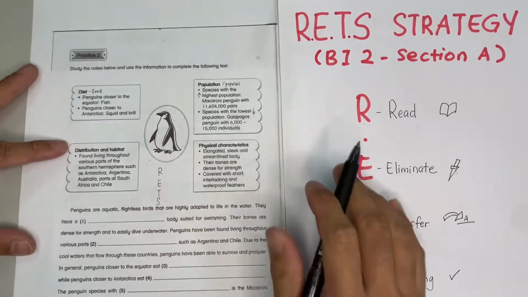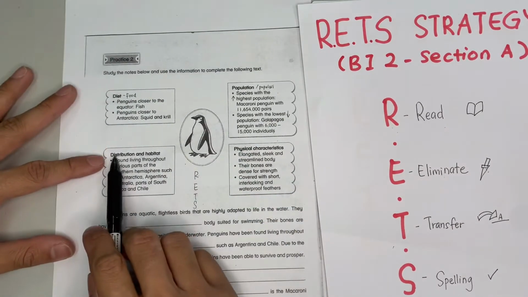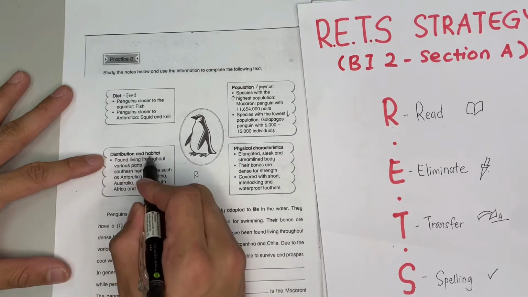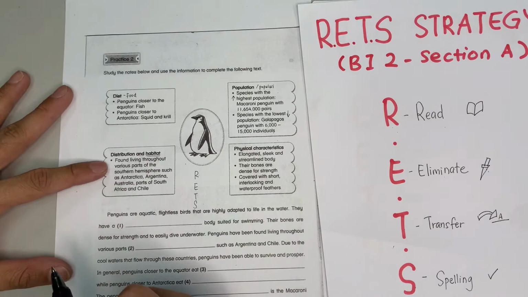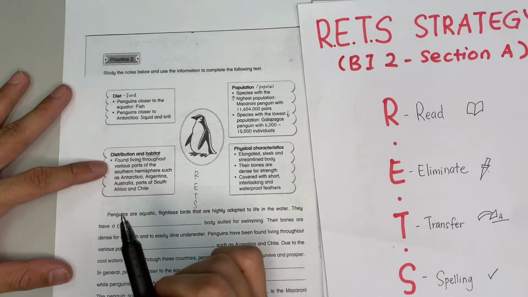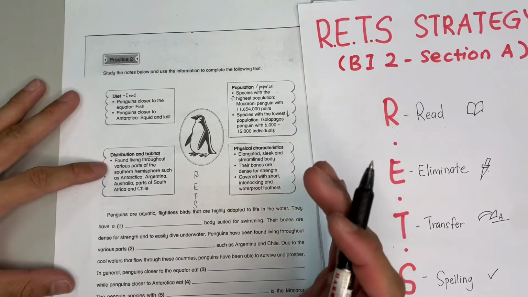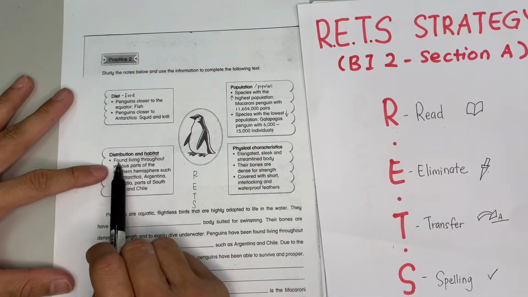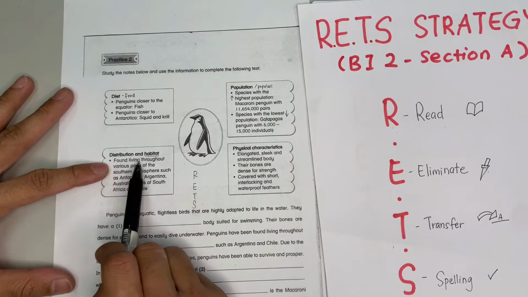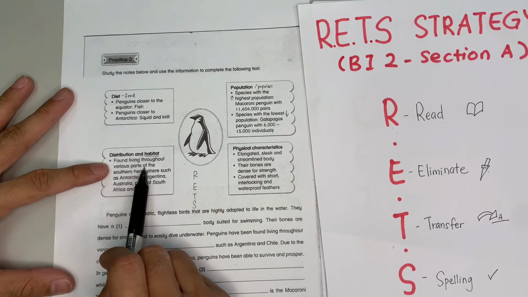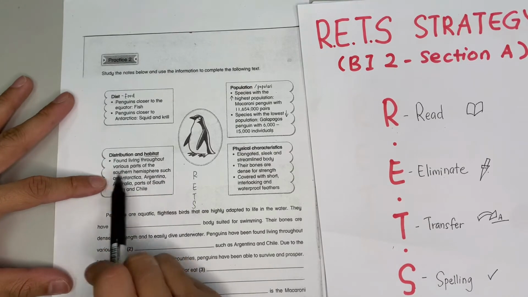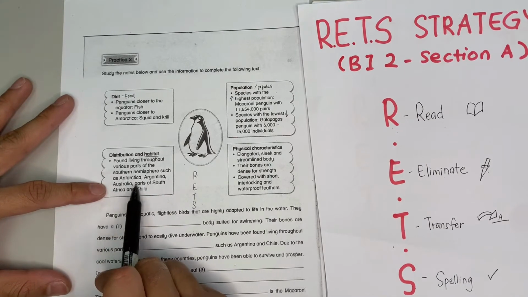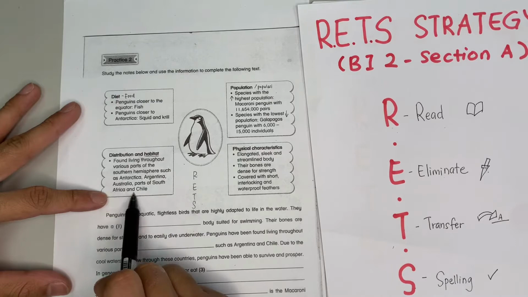Okay, next, let's look at box number 3, distribution and habitat. What is the meaning of habitat? Habitat in BM is habitat, which means the place where an animal resides or lives. Okay. Next, found living throughout various parts of the southern hemisphere, such as Antarctica, Argentina, Australia, parts of South Africa, and Chile.